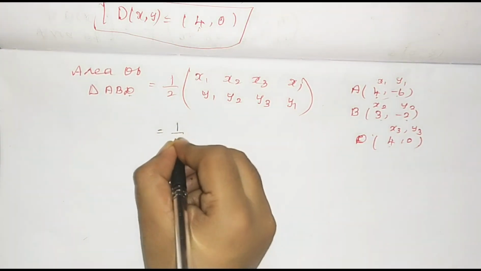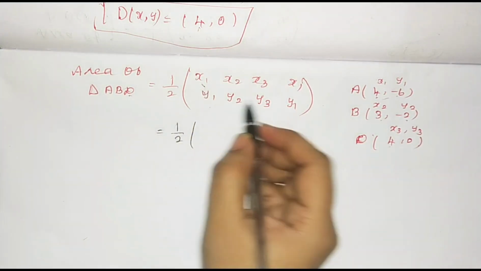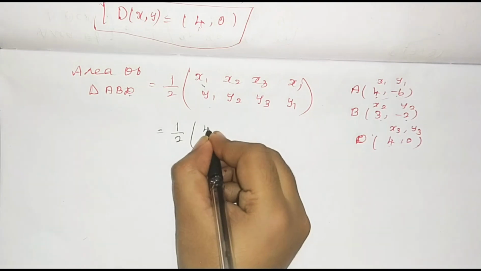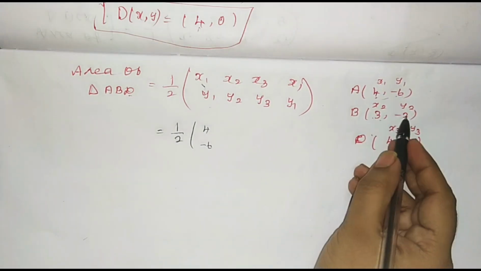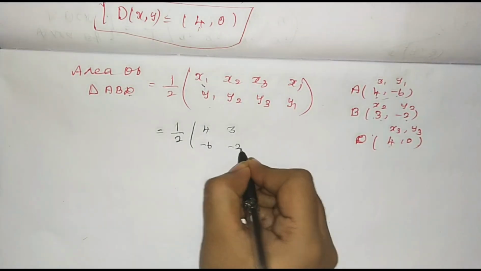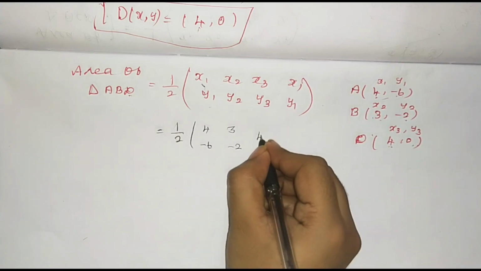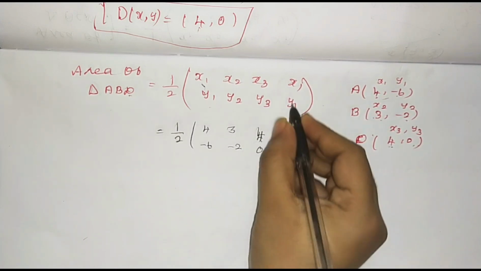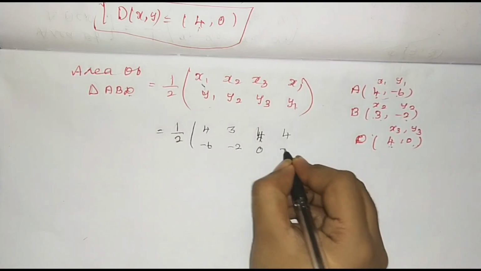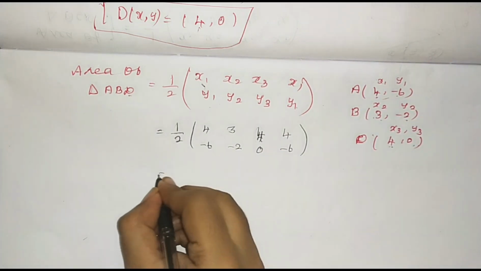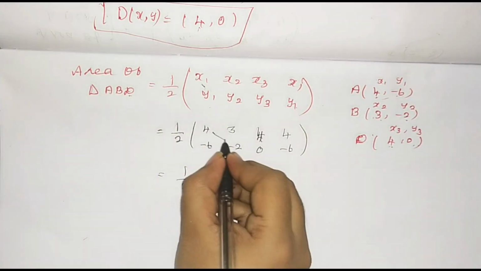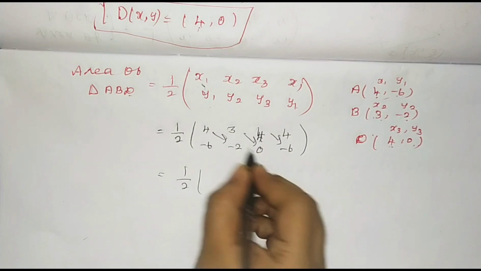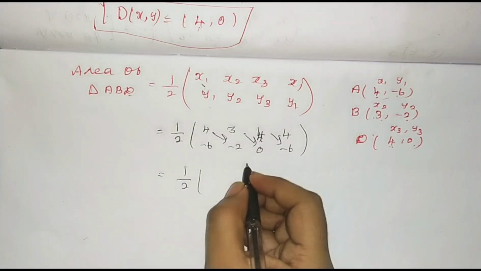So 1 divided by 2, x1, y1 is 4, -6, x2, y2 is 3, -2, x3, y3 is 4, 0, again x1, y1, 4, -6. We draw the arrow marks. Top to bottom arrow mark, if you multiply, the middle symbol is plus.